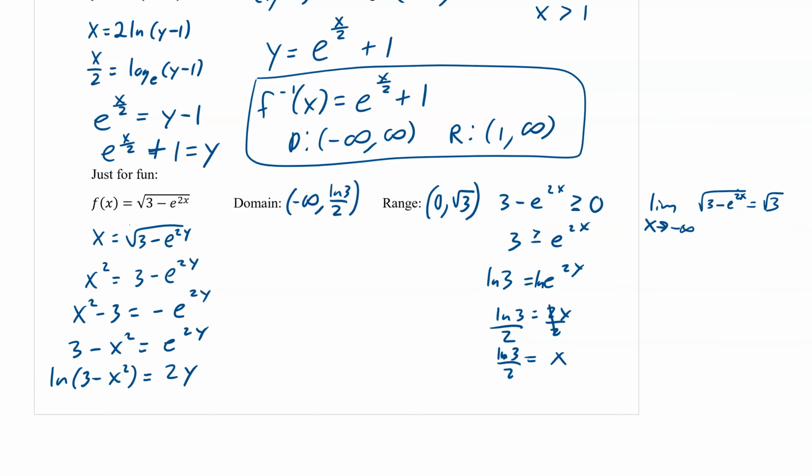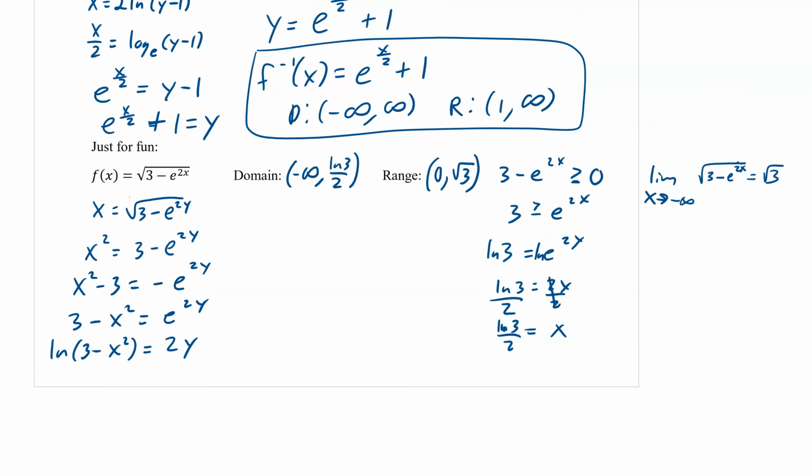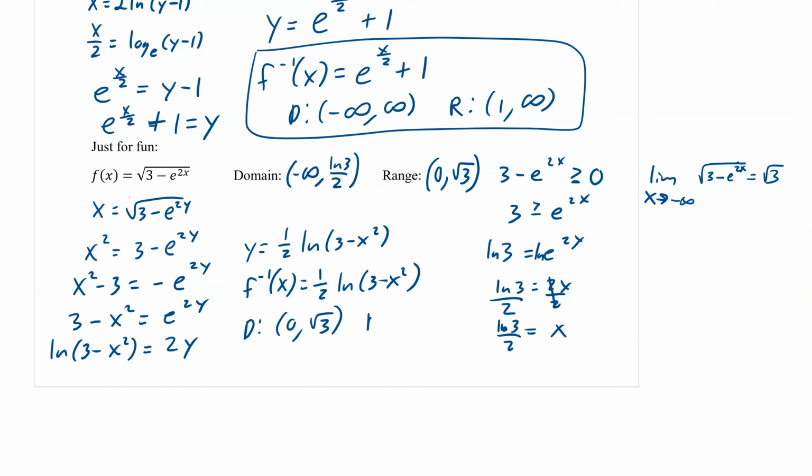So that would be 2y. And then divide by 2. So we end up with y equals 1/2 ln of 3 minus x squared. And that is our inverse. And so our domain now will be from 0 to radical 3. And our range will be from negative infinity to ln of 3 over 2.